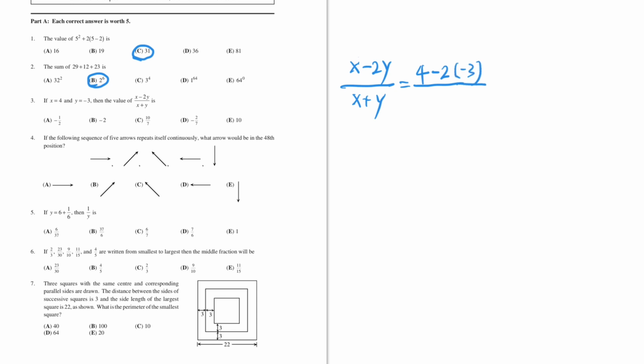The numerator is 4 minus 2 times negative 3, that's positive 6, so 4 plus 6 is 10. The denominator is 4 minus 3, that's 1. Now, that's 10 over 1, just 10. Therefore, the answer is E.